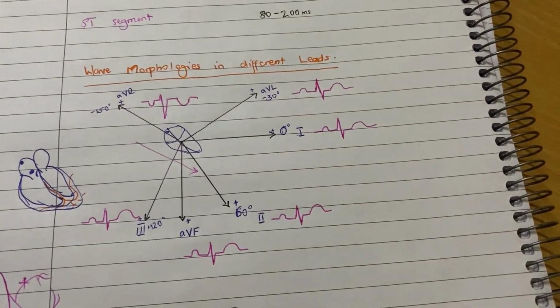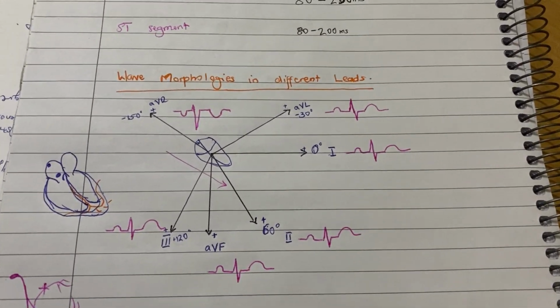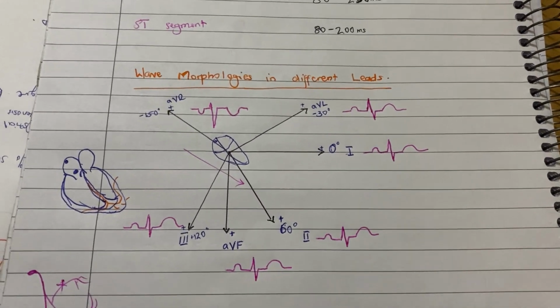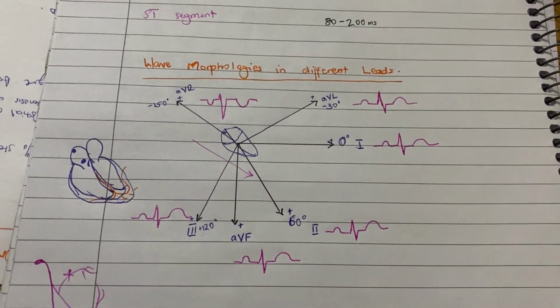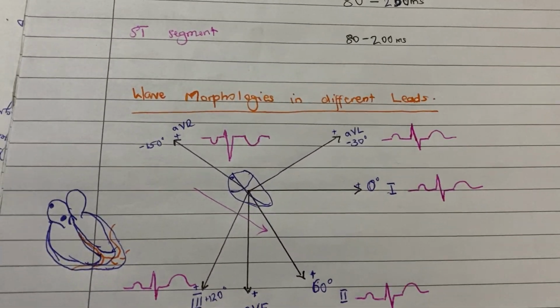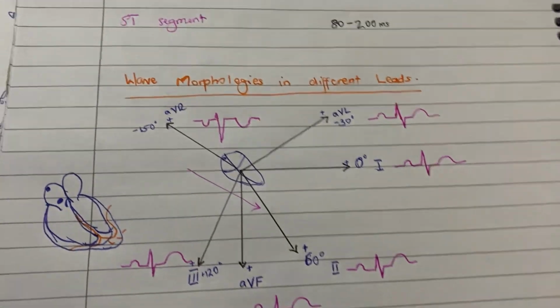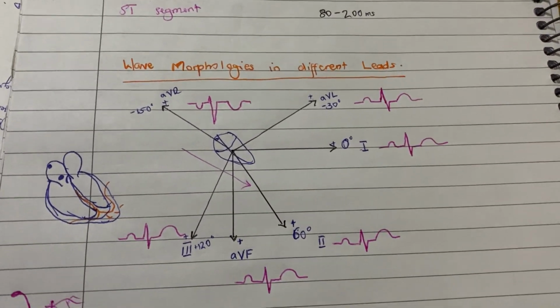I think in limb leads, it is done. We are talking of a net depolarization vector. So the net depolarization vector, even though the heart is 3D, it has a posterior wall, inferior wall, lateral wall, anterior wall, but the net is going towards the apex.